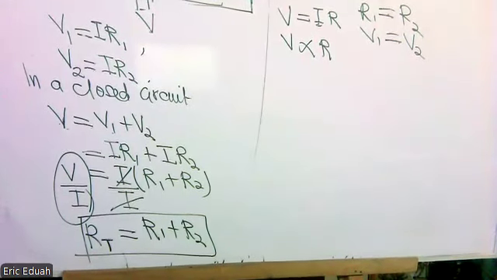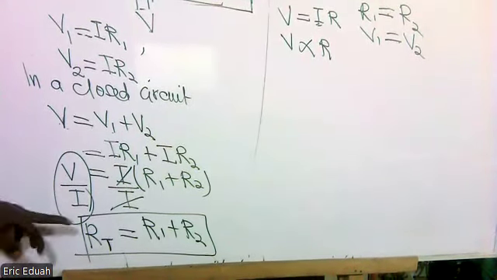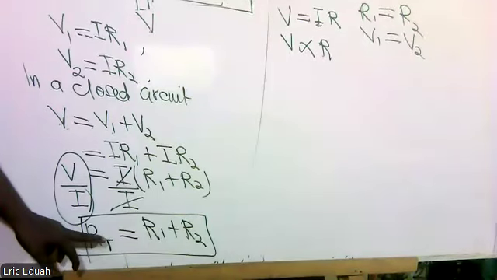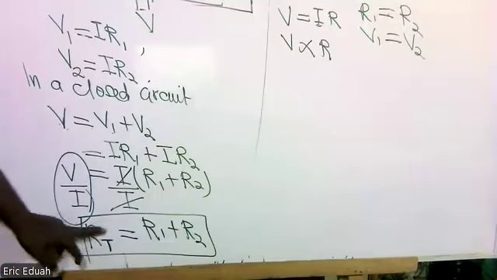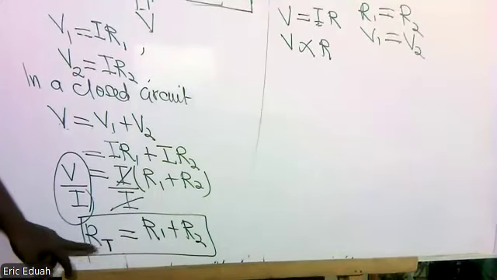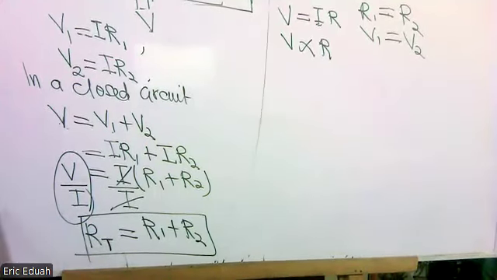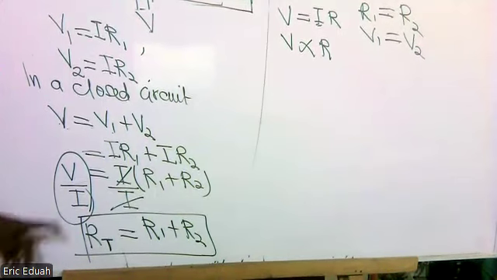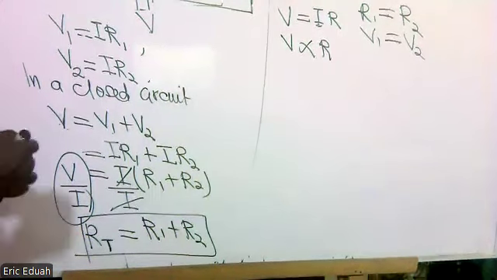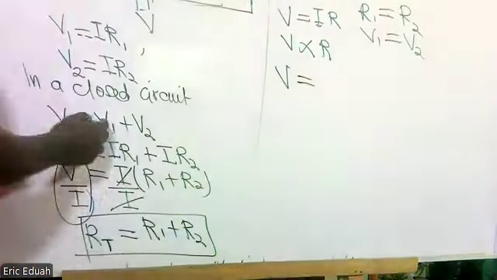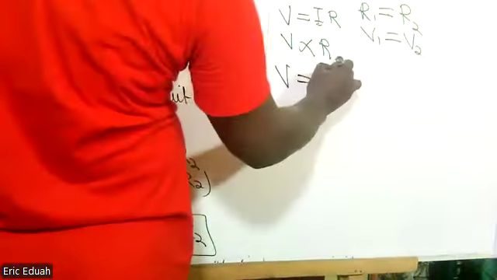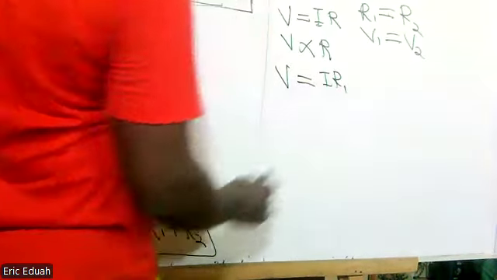I said, which part are you not so clear about? Yes, before that. We are substituting whatever we had for V1. V1 we had I times R1.